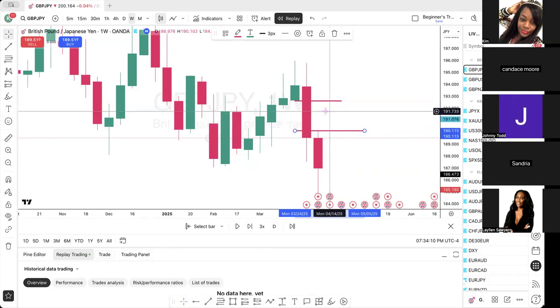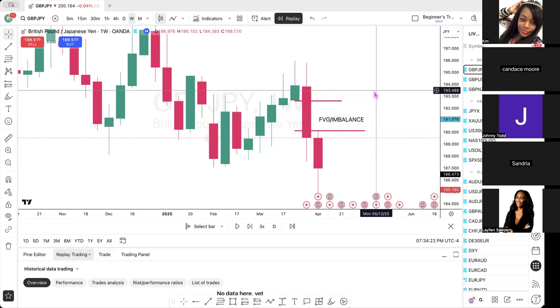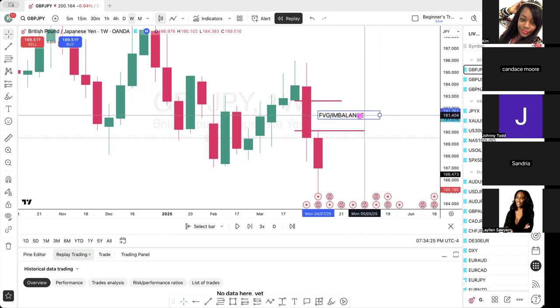This little gap right here is the fair value gap or the imbalance. And I'm telling you how you will see it. If you're ever watching some YouTube videos or you hear somebody else say it, they're either going to call it a fair value gap or an imbalance.